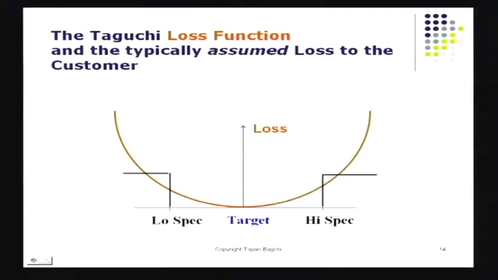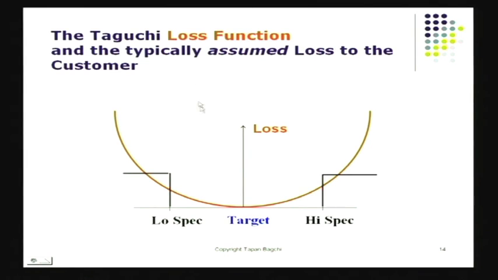But what Taguchi said is this. Let's say you've set your limits at high and low. It's not true that a shirt of this size suddenly goes from good to bad. That does not quite happen. It actually happens gradually, and it rises by this concept of loss. Taguchi articulated that by calling it the loss function, and I'm going to show a little formula for calculating it.